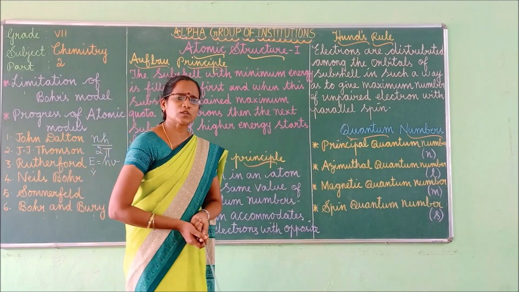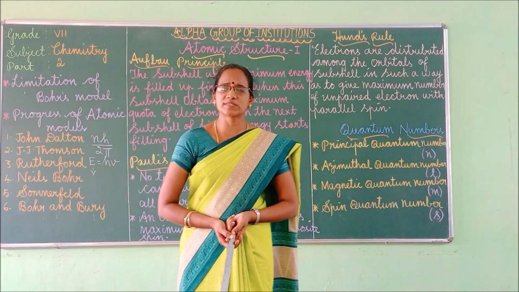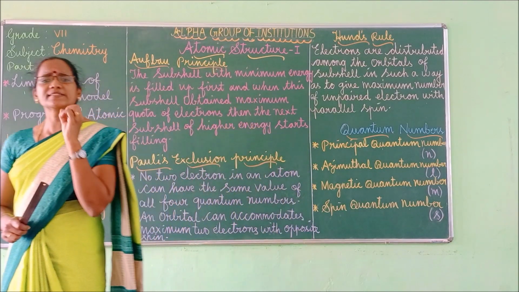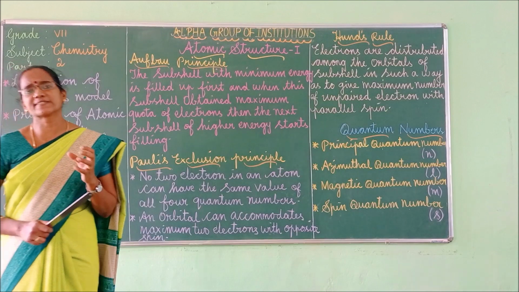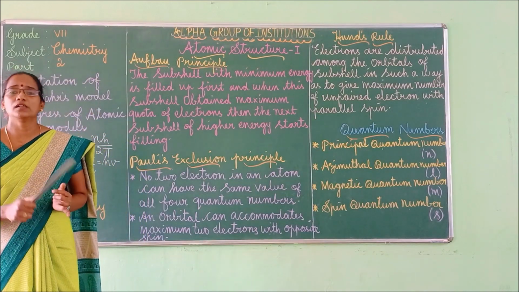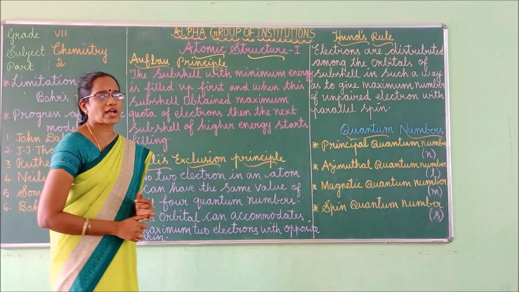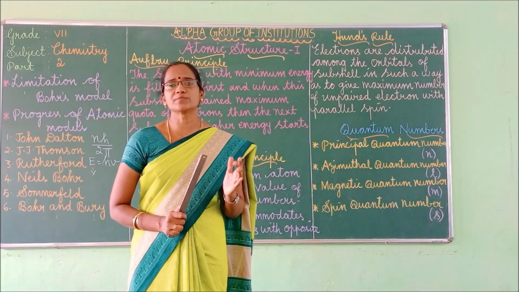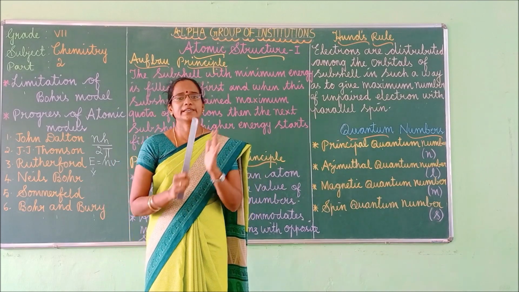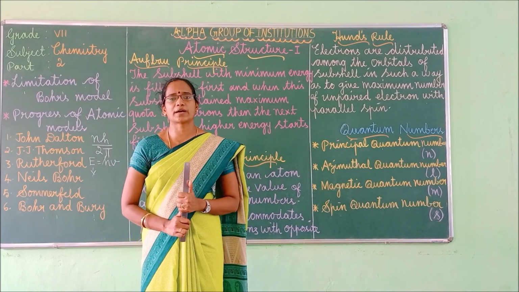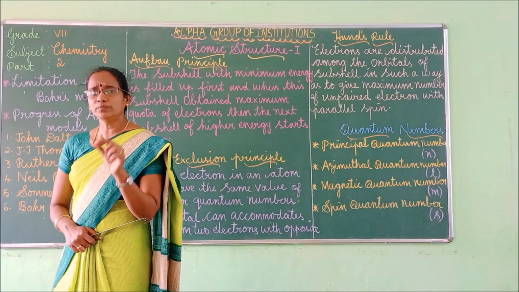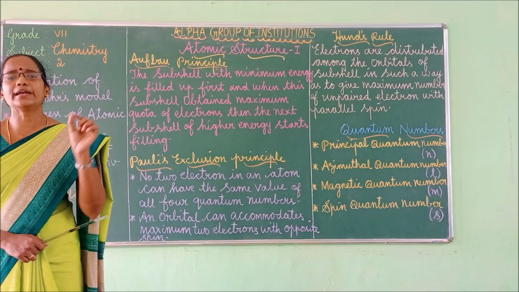He proposed that atoms are solid spheres of positive charge, made of positively charged particles and negatively charged particles. In that atom, electrons were embedded in it.